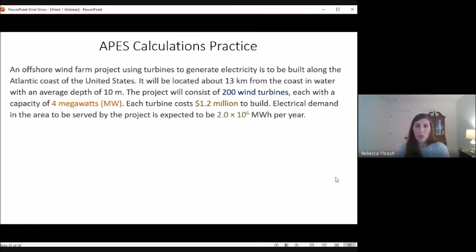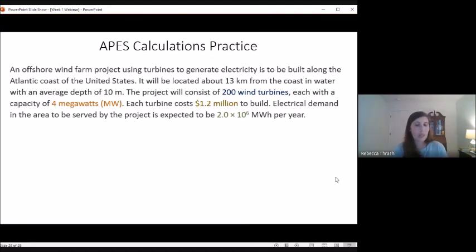So this problem is about an offshore wind farm project, and it's going to be using turbines to generate electricity, and it's going to be built along the Atlantic coast of the United States. So this farm will be about 13 kilometers from the coast in water with an average depth of 10 meters. The project will have 200 wind turbines, each with a capacity of 4 megawatts.